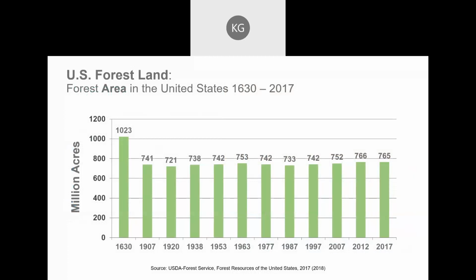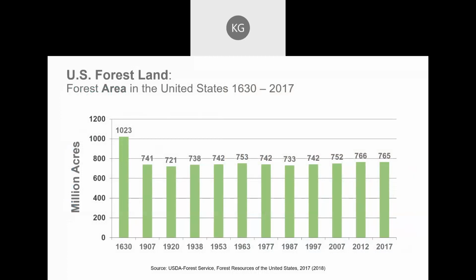Okay, first I want to just quickly touch on forestry, as there's a lot of misconceptions out there about cutting down trees. The chart here is showing forested acreage in the U.S. from our earliest estimates before the major development of European colonists to today. You can see there was a big dip in the 1800s, but since then, forest land has been stable since the 1900s.